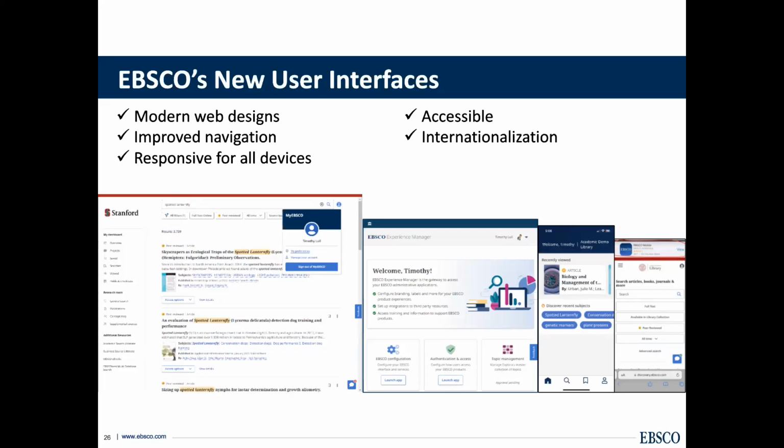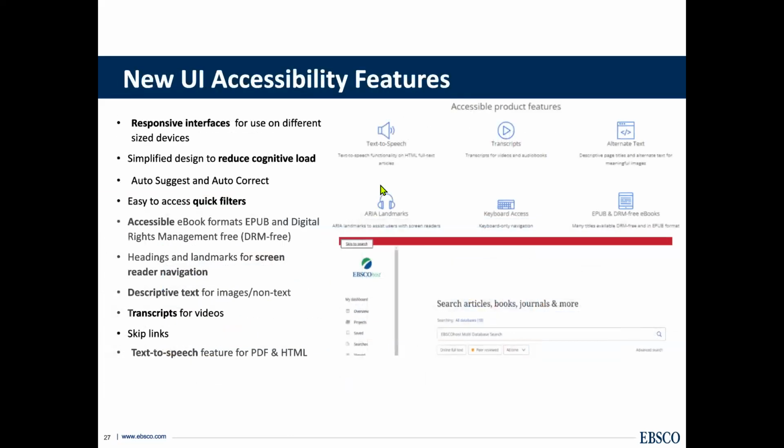You will find a simplified design to reduce cognitive load, and accessibility was our charge. So we are working towards WCAG 2.1 AA compliance, which is Web Content Accessibility Guidelines.